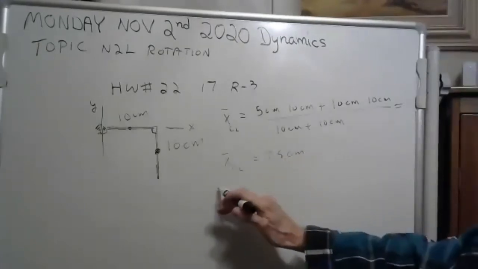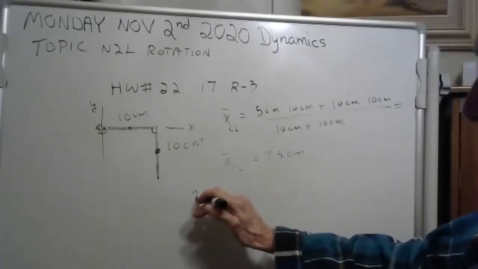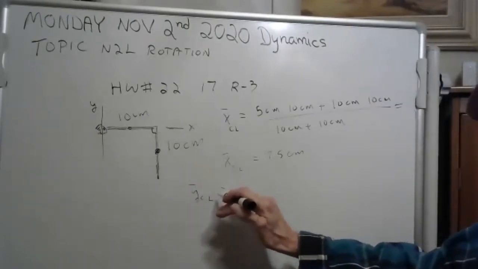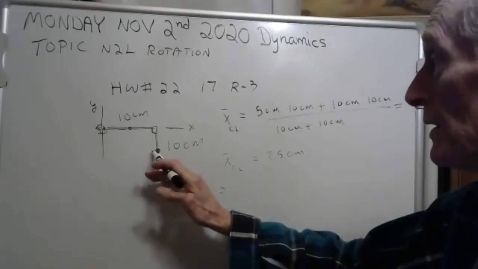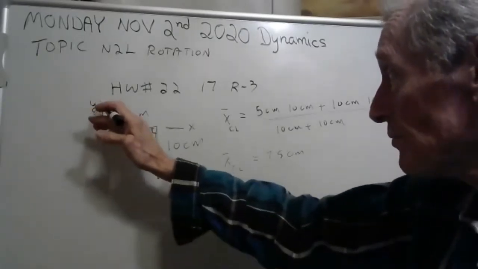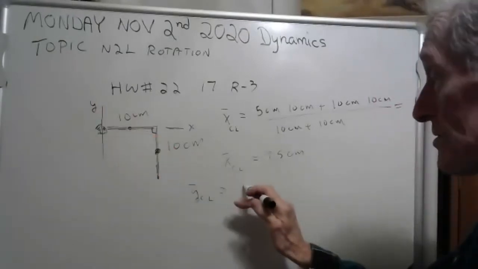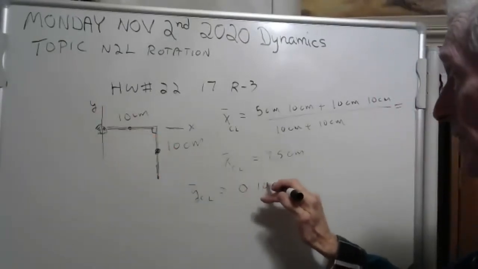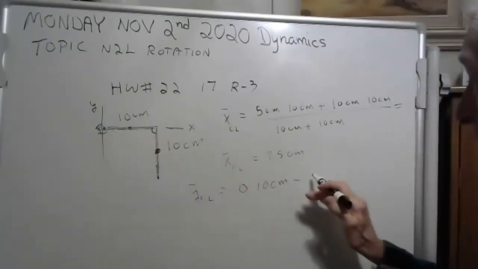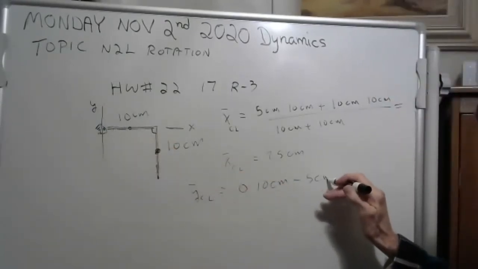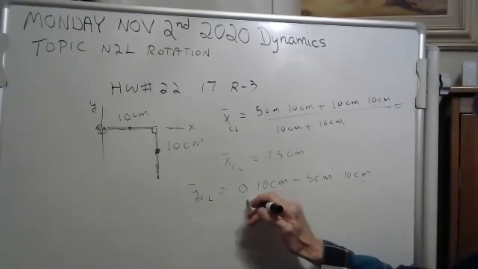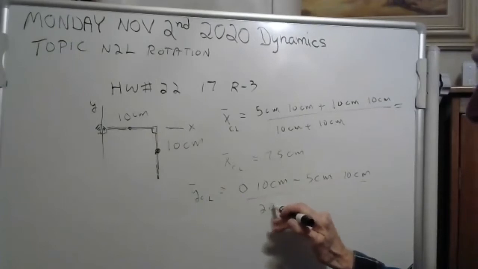Now let's do the y component of the center of length. Well, it looks like it goes down. This is 0. Let's see if y is this way. This didn't go down at all. So it's 0 times 10 centimeters. But then you go down 5 centimeters times 10 centimeters. And you divide by 20 centimeters.